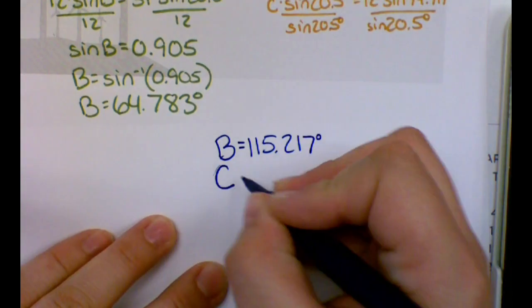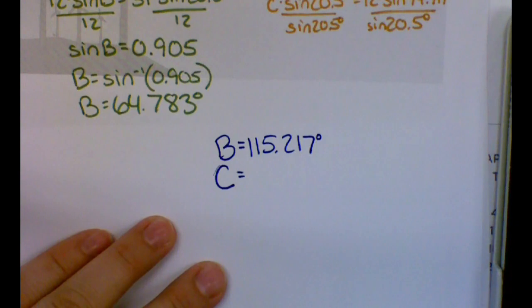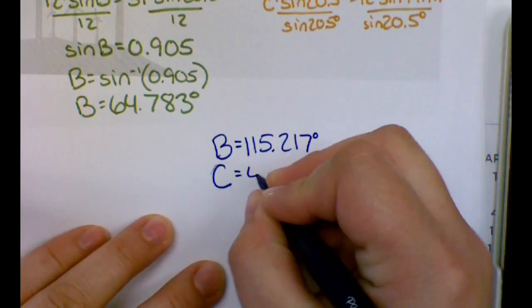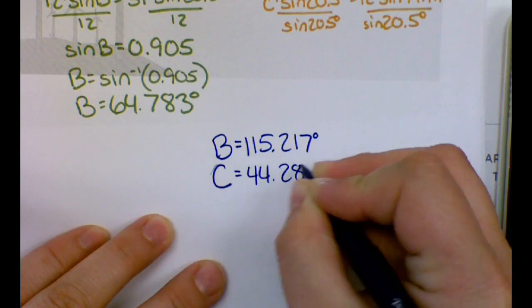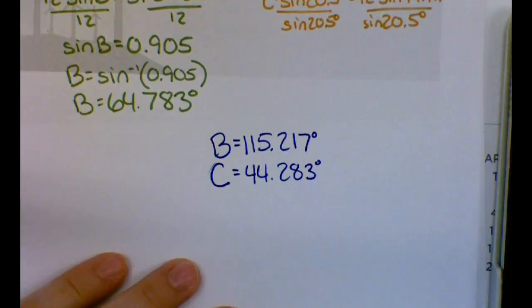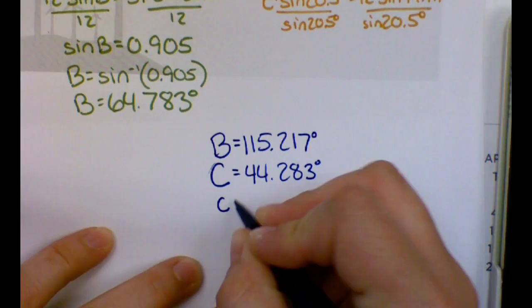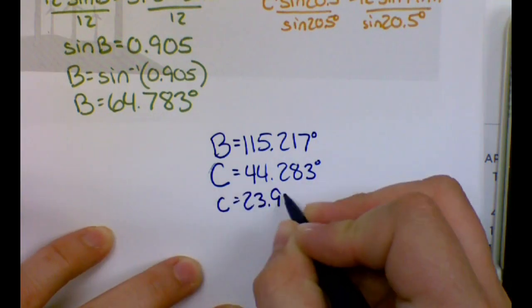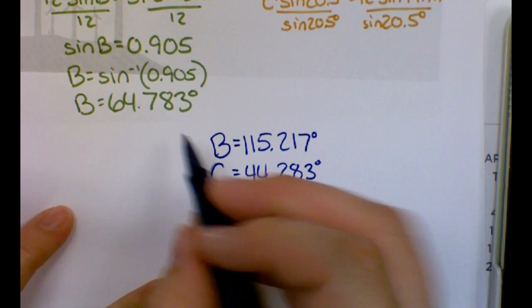And if this was the case, then angle C ends up being 44.283 degrees. And then side C ends up being 23.924 meters.